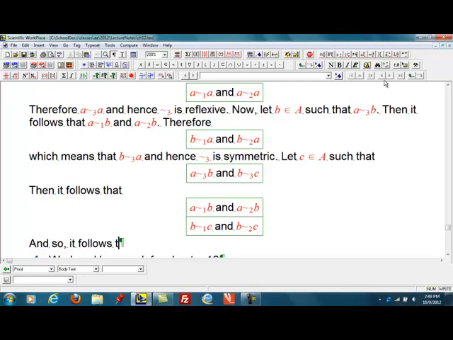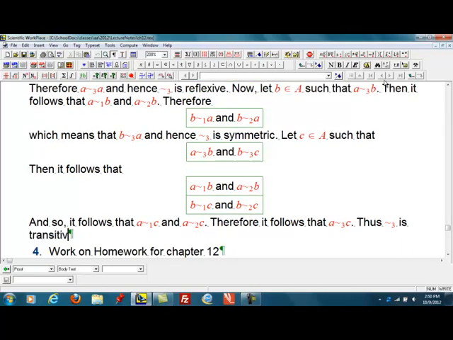Yep. A is 1 equivalent to C, and what? There's two again. 2 equivalent to C. So A has to be 3 equivalent to C. Thus, our 3 equivalence relation is transitive.